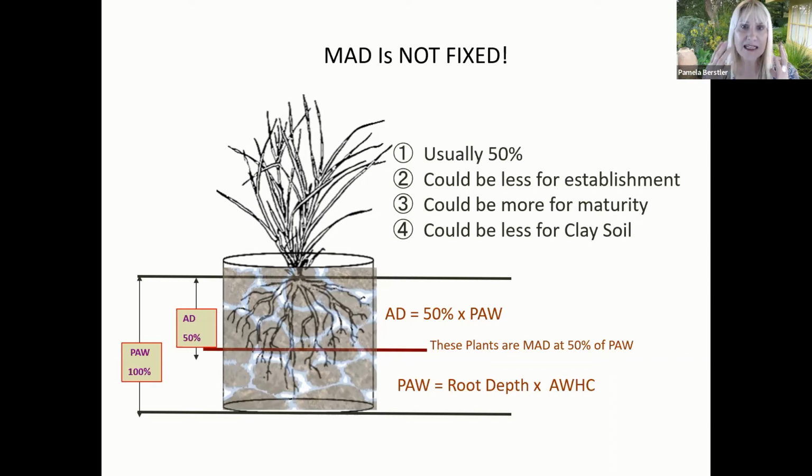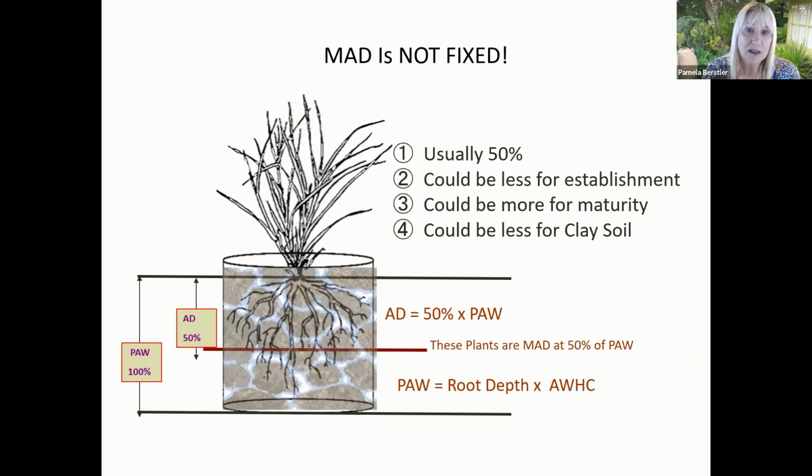The first one is going to be establishment. In an establishment situation, as I said, you have short, small roots. The plants are just getting acclimated. And actually, this is a really big deal in establishment. The plants are probably in their container soil, and their container soil is likely to be a different texture than the soil in the surrounding landscape.